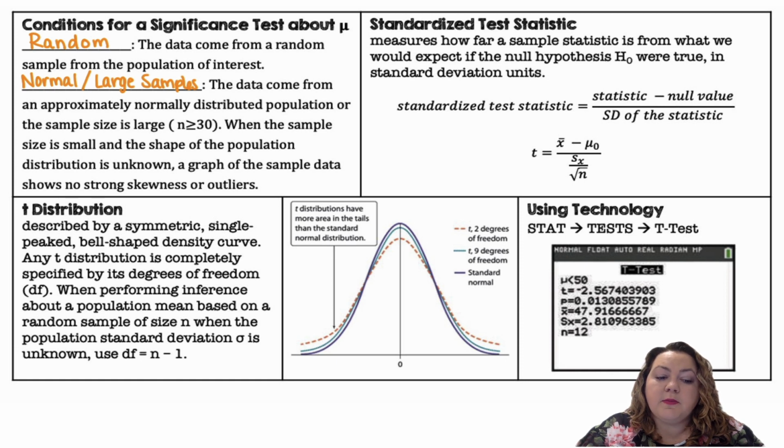When performing inference about a population mean based on a random sample of size n, when the population standard deviation sigma is unknown, then we use degrees of freedom n minus 1. As the sample size gets larger, the t distribution gets closer and closer to becoming a normal distribution. They look very similar, just a little bit more spread out. In our calculator, we're going to go to STAT, TESTS, and we're using the option of t-test.